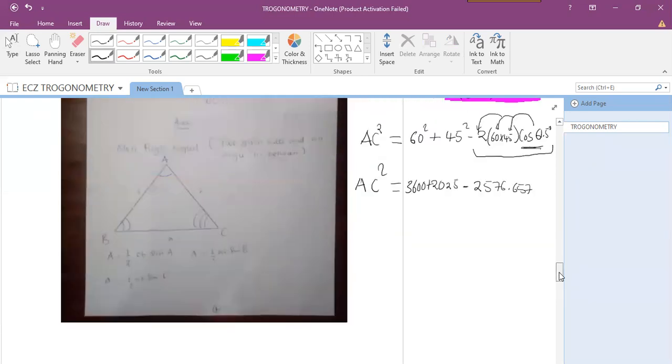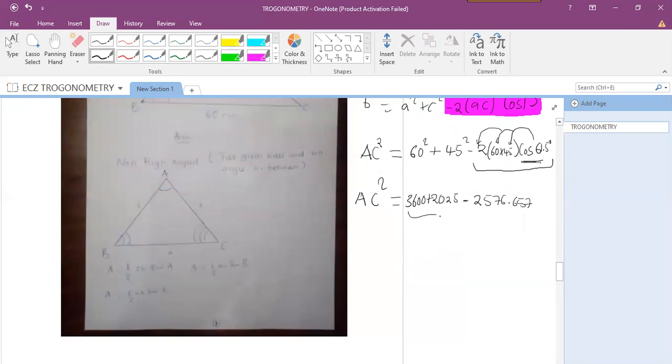Then all we have to do now is add this part here, which is 3,600 plus 2025. You can help me with that. The only problem with your calculator is the trigonometric values. So add 3,600 plus 2025. All right, yeah, that's correct.